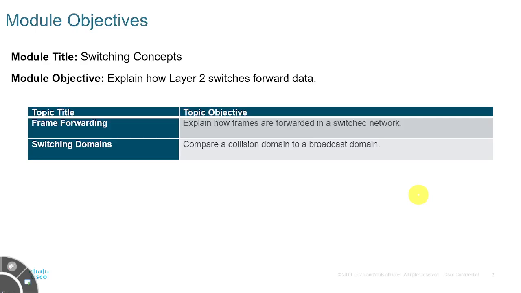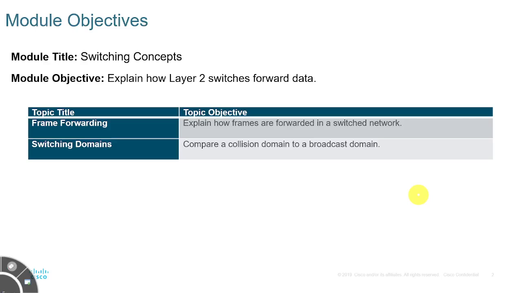How do these switches take decisions to forward data or data frames?